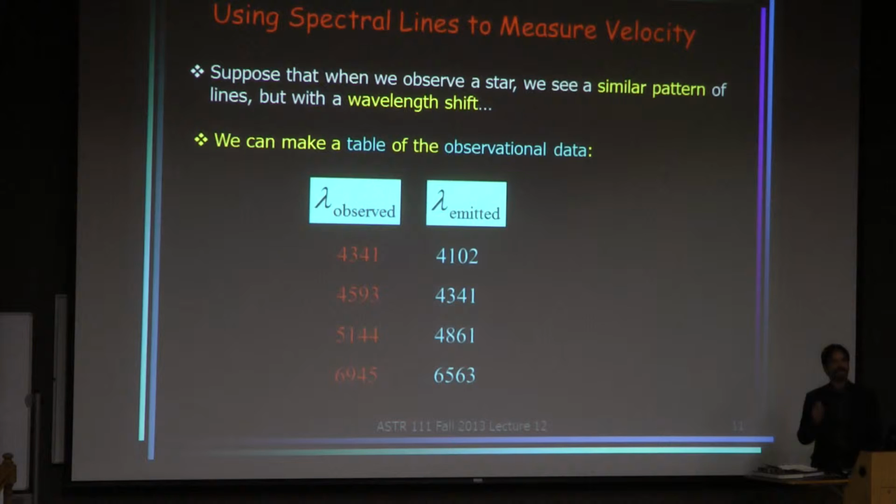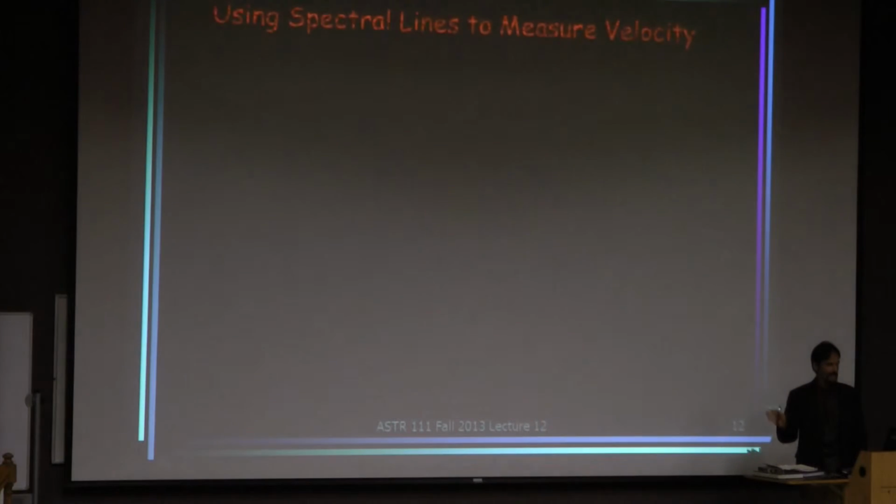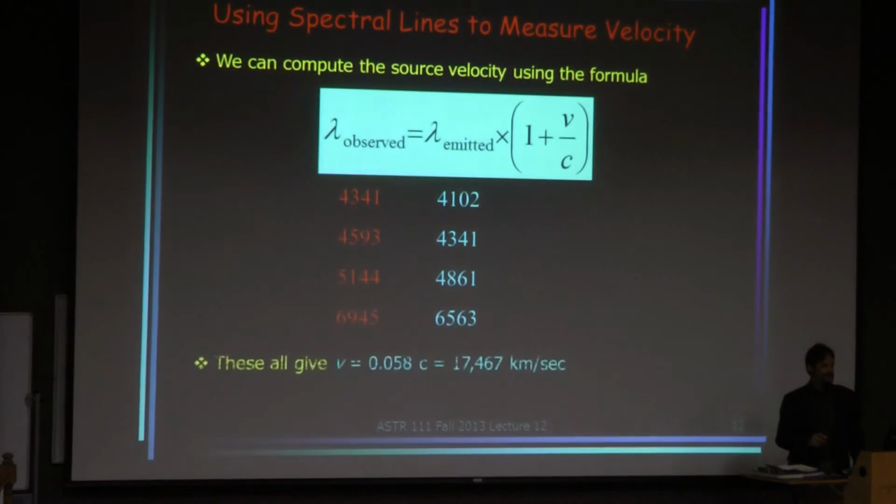We can actually compute the velocity of the source by combining the observed data with the information about the laboratory emission that we know from making laboratory observations. We can make a little table of the observed wavelength versus the emitted wavelength. And the observed wavelengths are all a little longer than the emitted wavelength. So we know qualitatively the source is moving away from us.